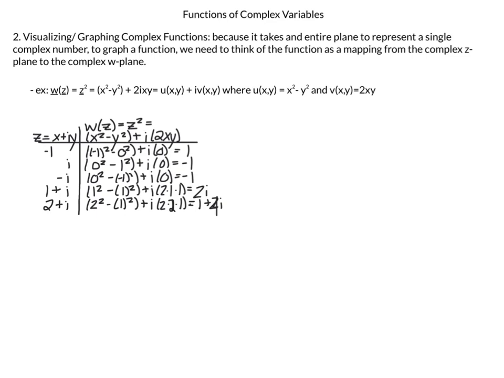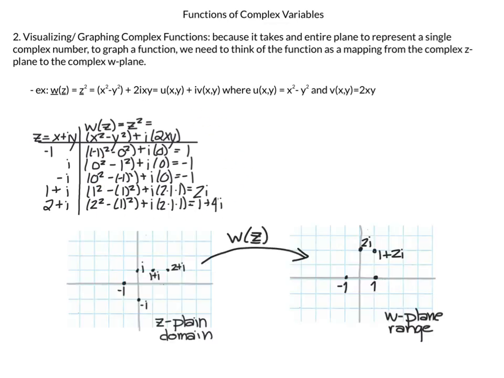So we need to view this as being a mapping from this set to this set over here. In other words, our domain, the z values, gets mapped to a range, or the w plane over here.